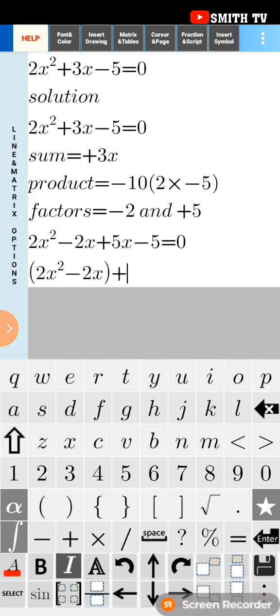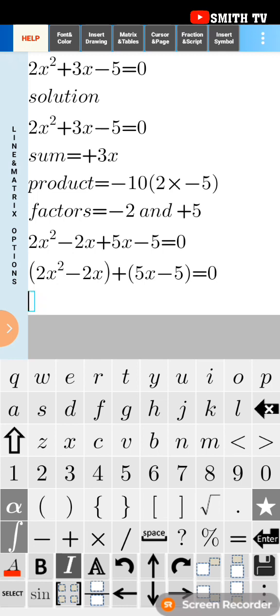Now my plus sign, open bracket again, 5x minus 5, close bracket, equals 0. The next thing is to look for common factors in each of these brackets.